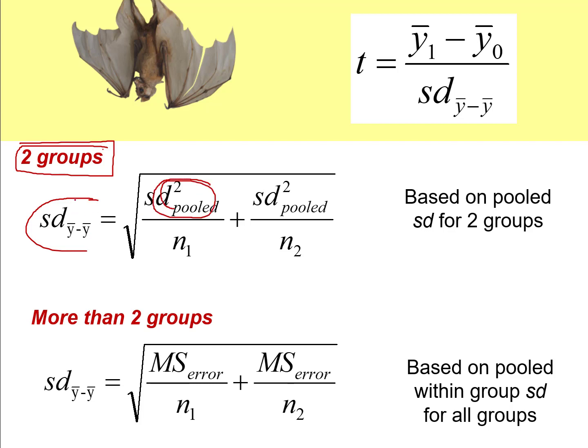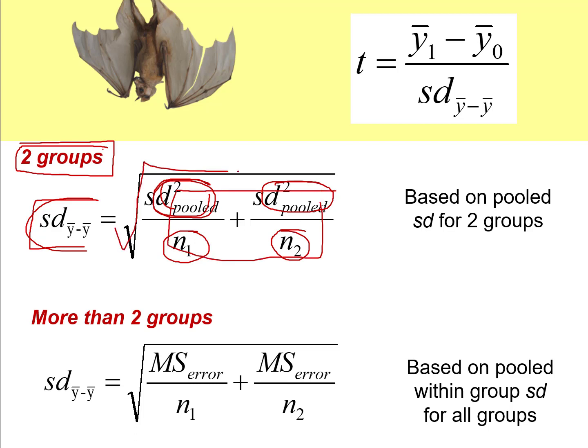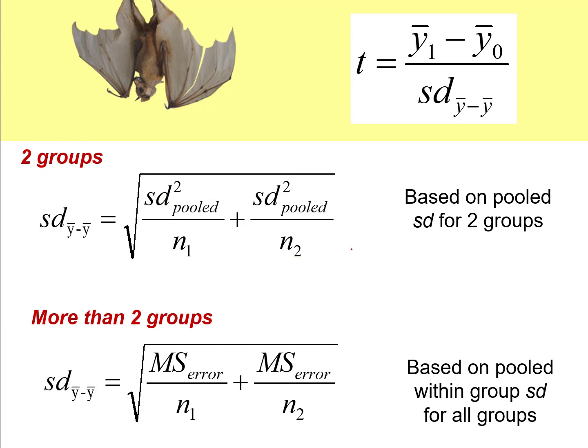And then to calculate our standard error of mean difference, we took that pooled variance and divided it by the sample size for group 1. And then took that same pooled variance and divided it by the sample size for group 2. And then added those two things together and took the square root, and we had our standard error of mean difference. So that's the formula that I gave you before, based on a situation where we have just two groups.